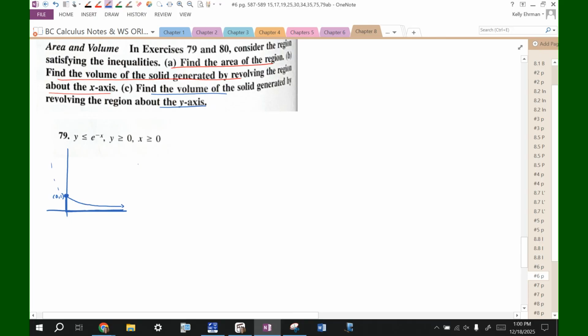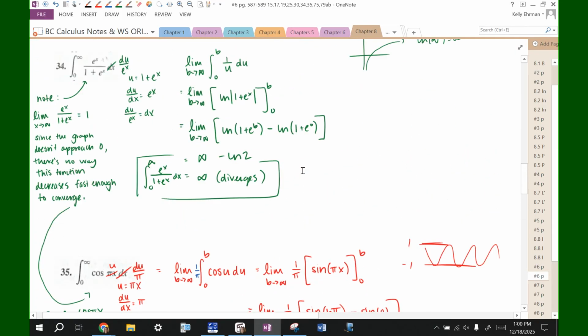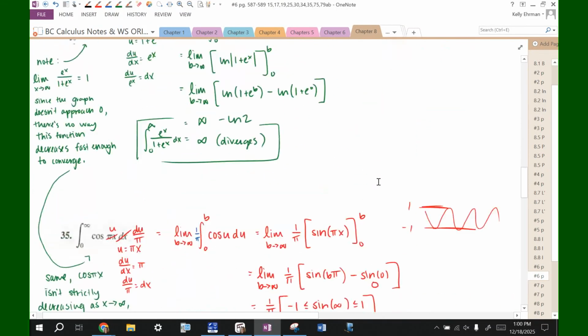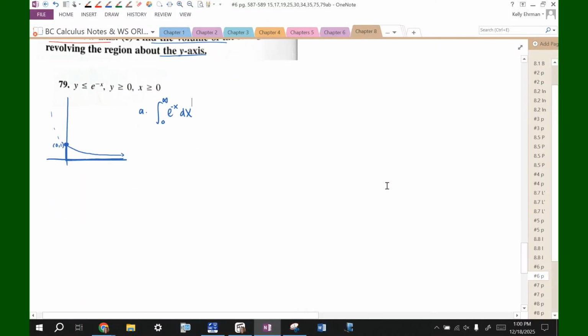All right, so first I want the area. So the area should be the integral from 0 to infinity of e to the negative x dx. Du dx would be negative 1.